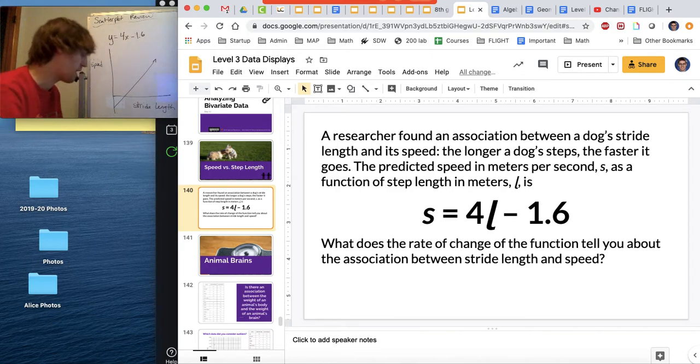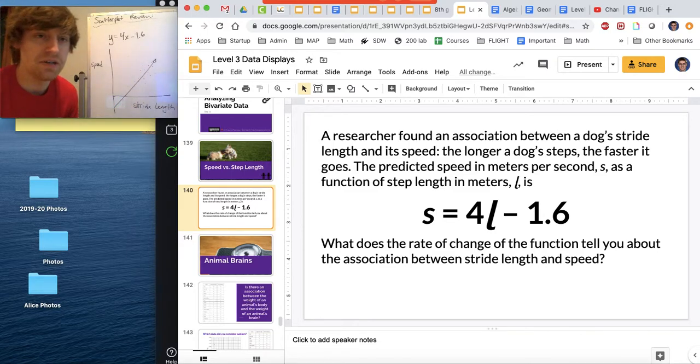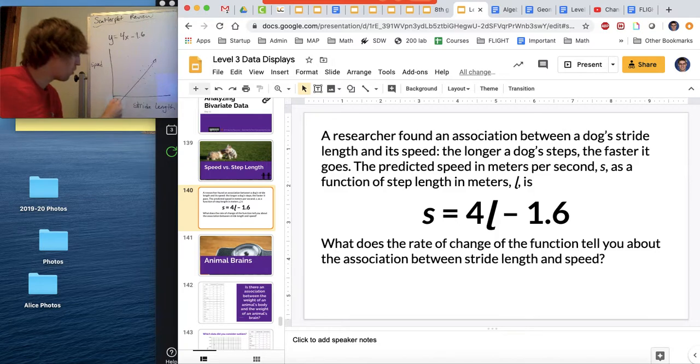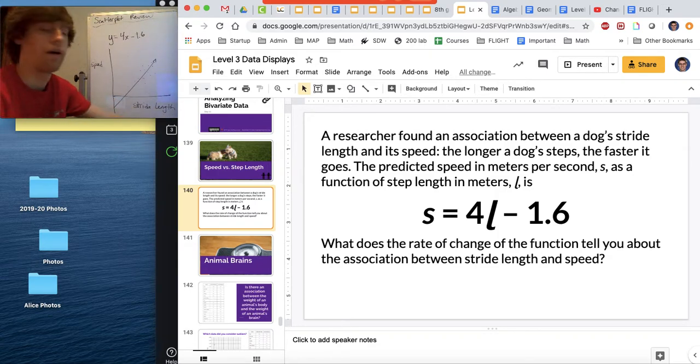Most likely the data this researcher took looked something like this. Maybe there's an outlier, maybe there's other points. But I guarantee you there is no point down here, because that literally does not make sense. The dog is traveling backwards in time? I don't even understand.